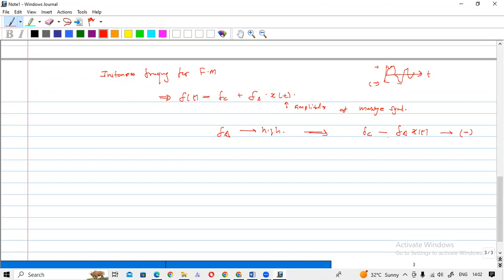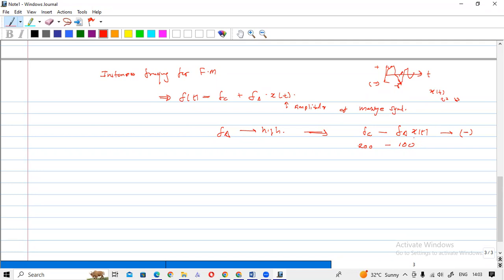For example, let's say that our fc is 200 megahertz, and f delta is, let's say, 100. At that instant, let's say xt at t is maybe at 5 seconds, so it is minus 5.